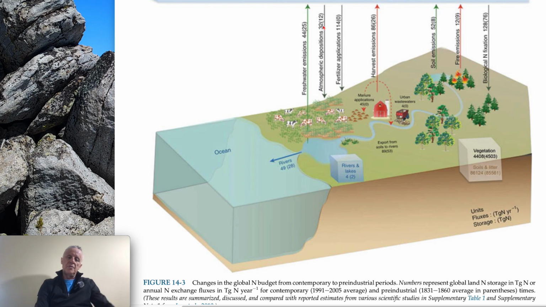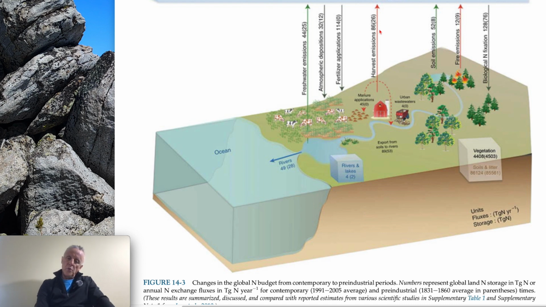Atmospheric deposition, it's a little less than 3 times. Fertilizer application, we have actually very high. Like pre-industrial, we didn't have any, and then post-industrial, we have very high. So this is where industry helped us create these fertilizers.